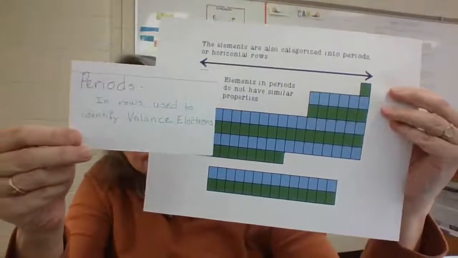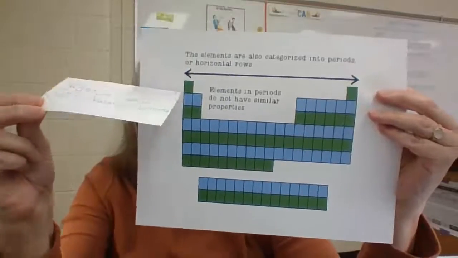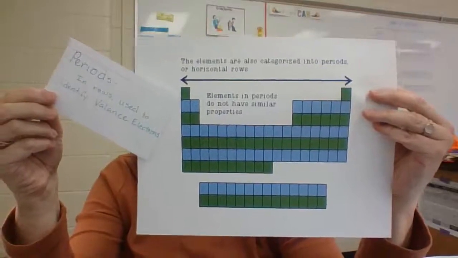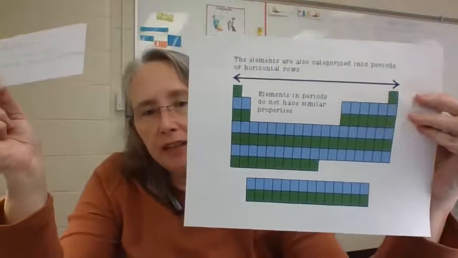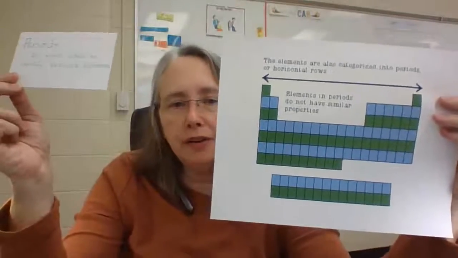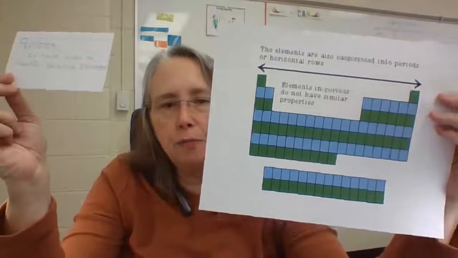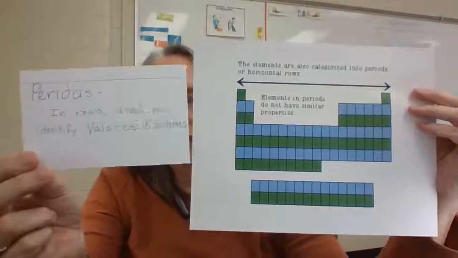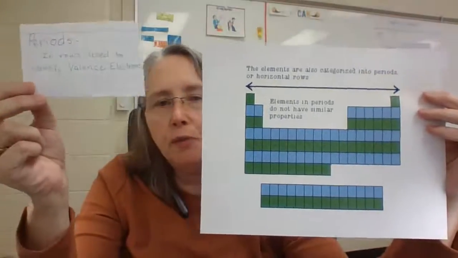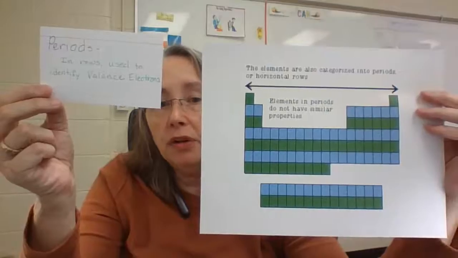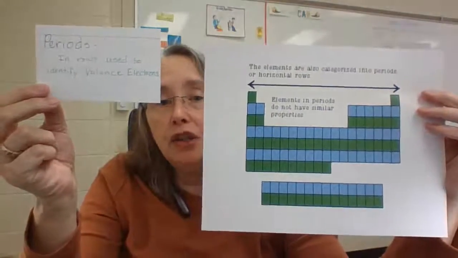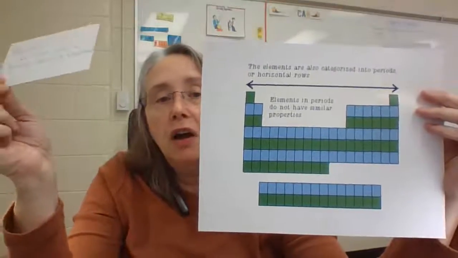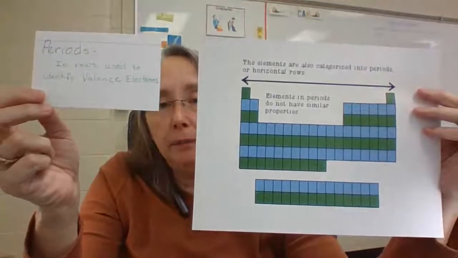But the periods go in rows, and they're telling you how many valence electrons. So how many electrons are buzzing around the outermost shell of an atom? The outermost shell of an atom is called the valence electron. And that's important in the next unit when we talk about bonding. So we need to know that. We need to know how many valence electrons are in any given atom.